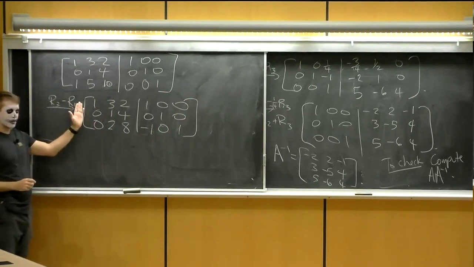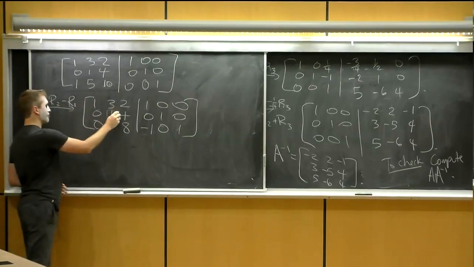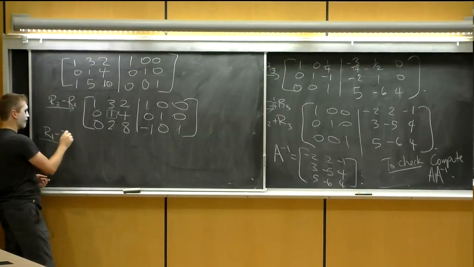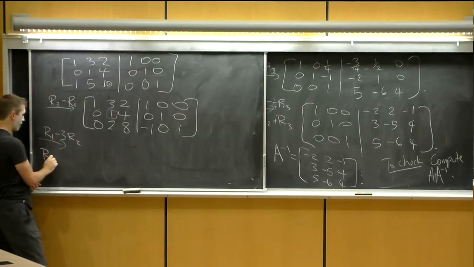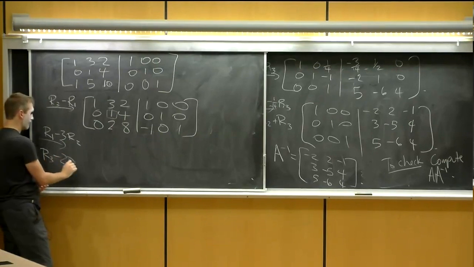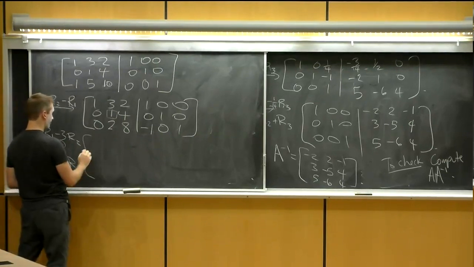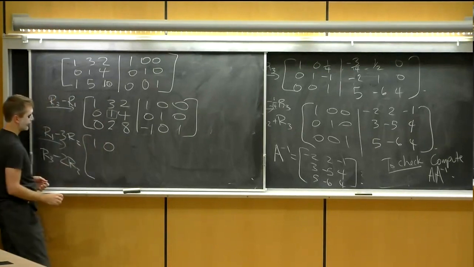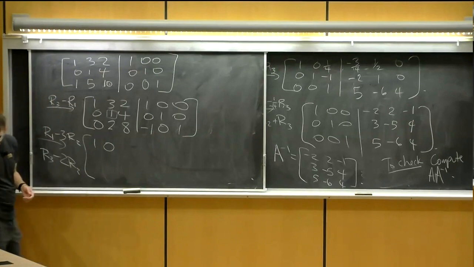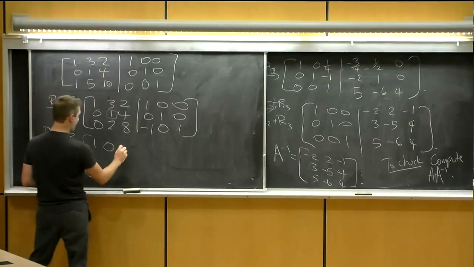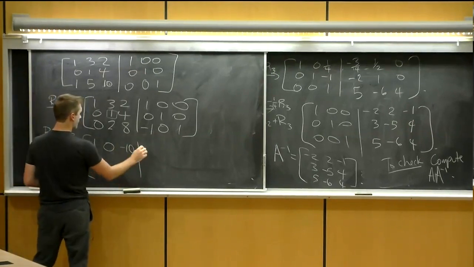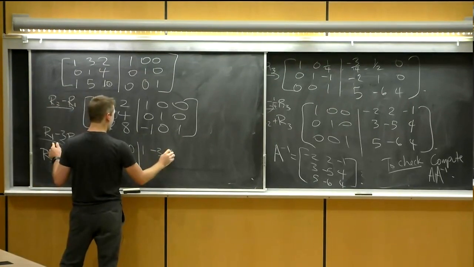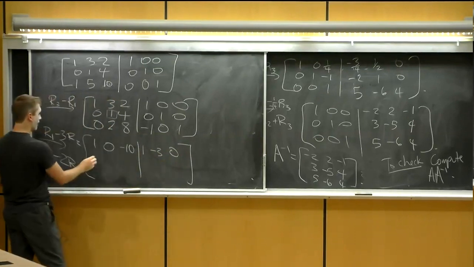Okay, first column's good. We go to the second column. I'm going to use this 1 to annihilate everything else. So row 1 minus 3 row 2. Row 3 minus 2 row 2. So 1, 0, negative 10, 1, minus 3, 0, right, is my first row, I think.